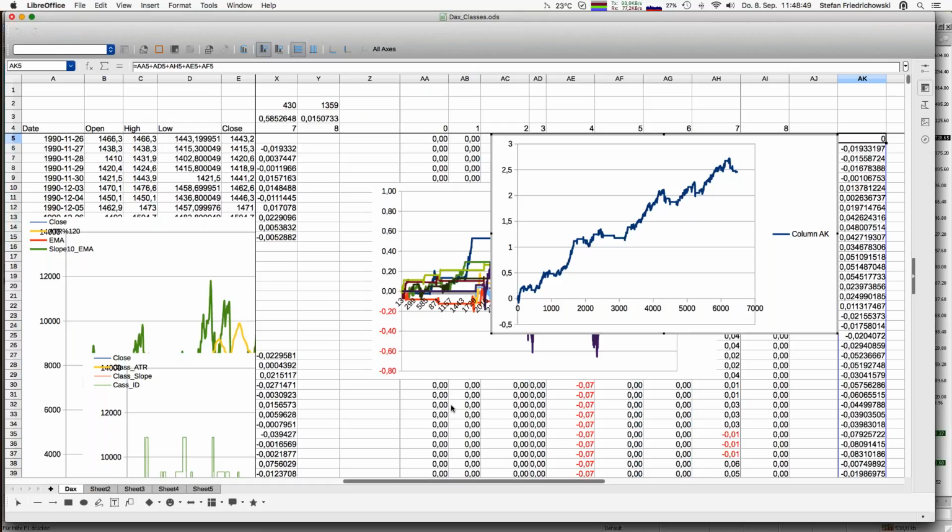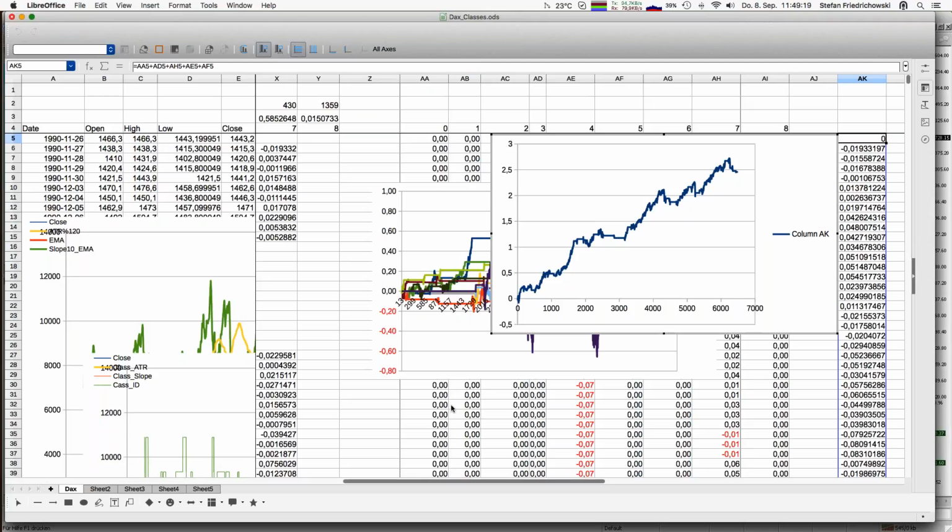Up to now, we have only one rule: we identify the class, we look in the table, and we enter a long trade, because there are no short trades. Doing so, it would mean no stop loss, nothing, because I have been adding up only the percentage changes. There are no real trades in terms of stop loss setting and so on.